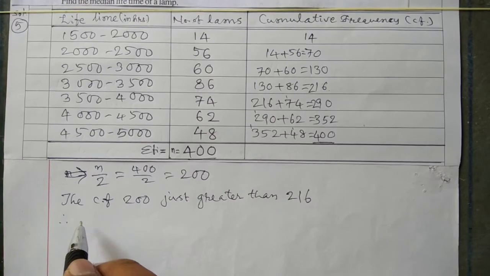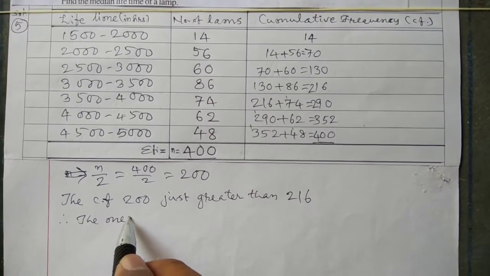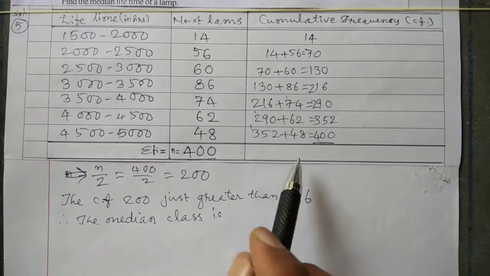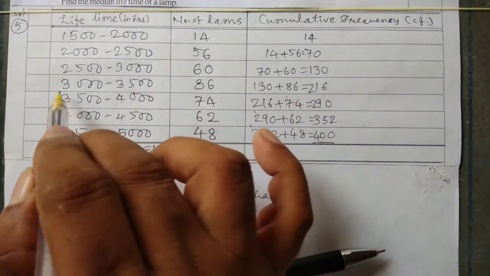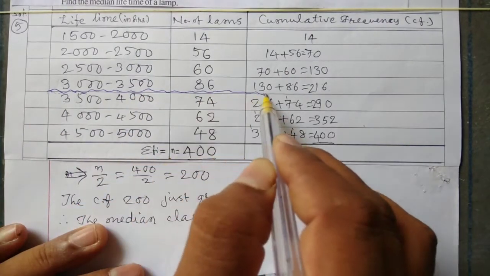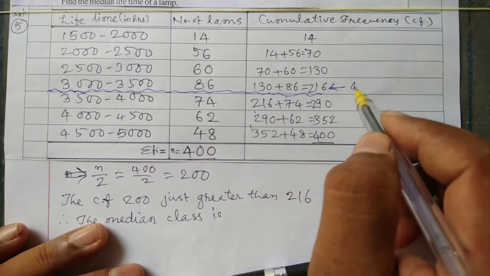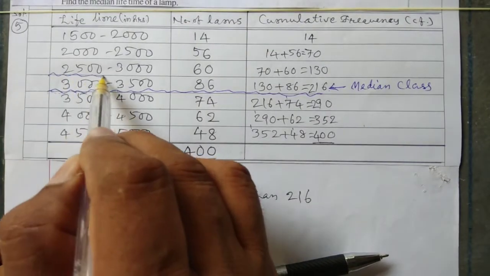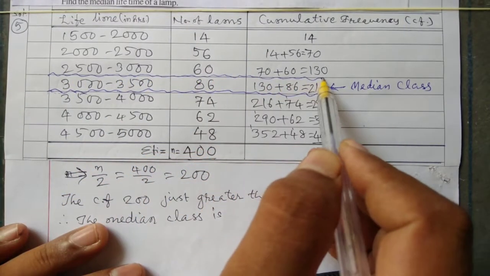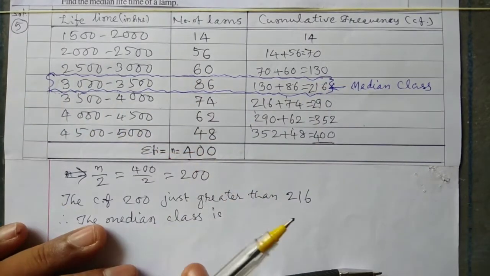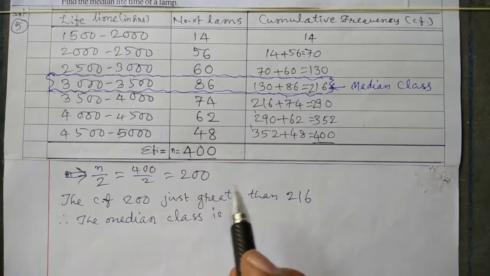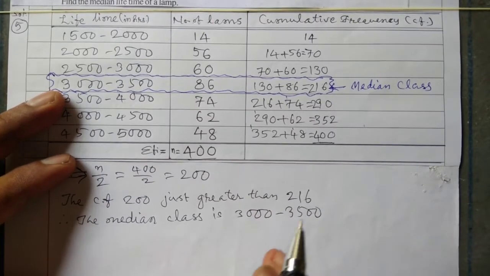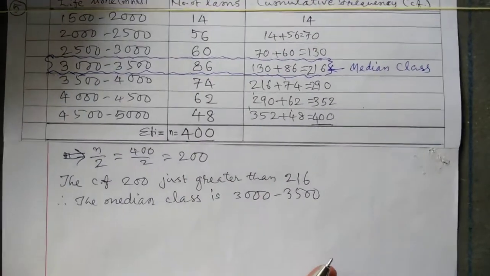Therefore, this is the median class. First we have to find out this median class, then only can we know all the values in that formula. So the median class is 3000 to 3500.